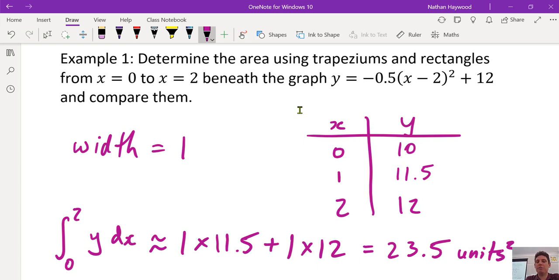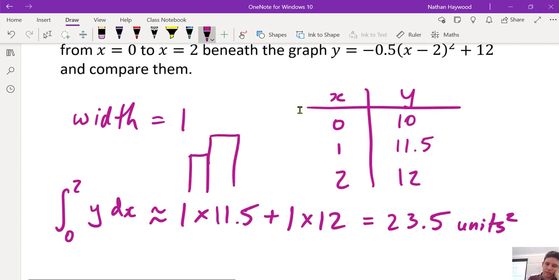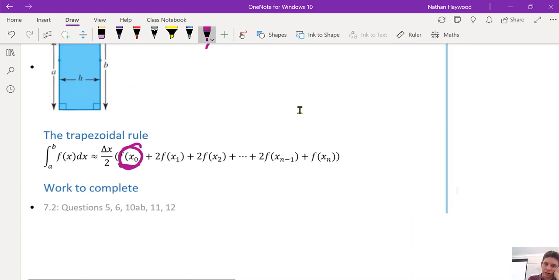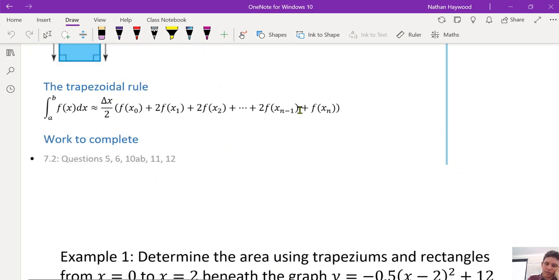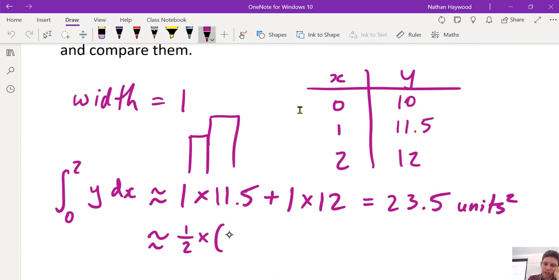Okay, let's see if the trapezium rule gets it a little bit closer. This is the trapezium version. So you do the width divided by 2 times y1, which is 10, plus 2 times y2, plus the end y, which is 12.